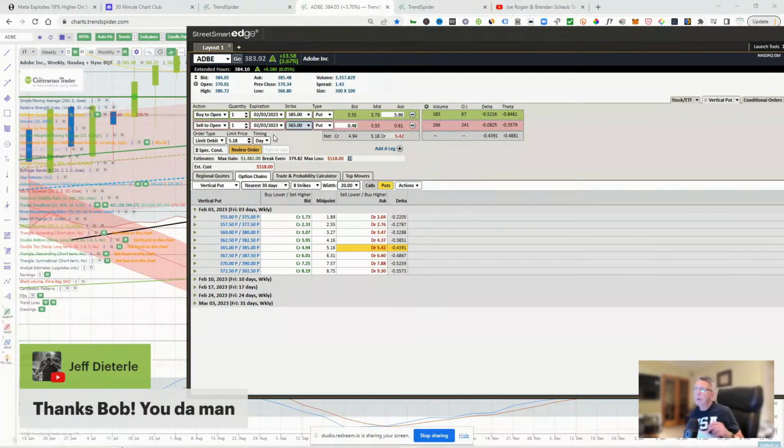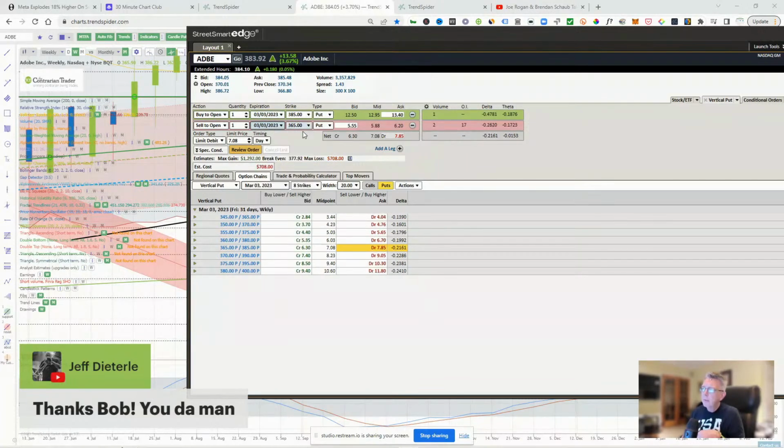Okay, so what I could do here is I could buy a 385 put option and simultaneously sell a put option expiring out on March the 3rd. Good. So to purchase the option, I would pay $12.95 for a 385 strike. That's subject to change. It's basically an at the money option.